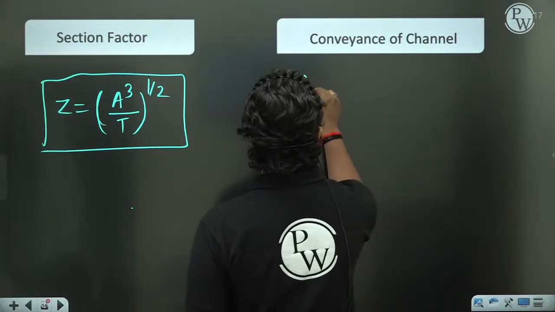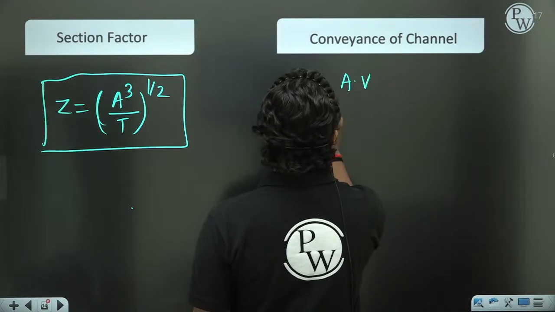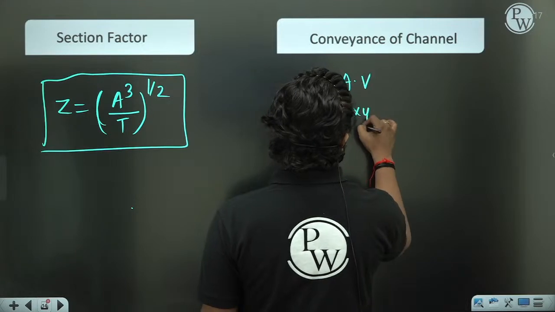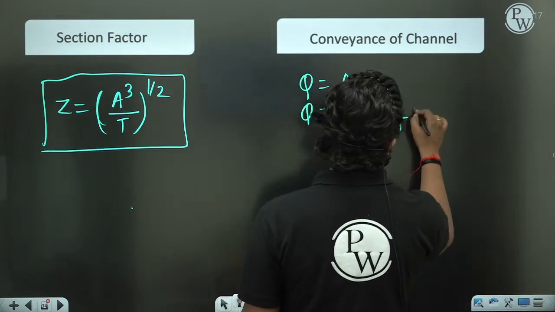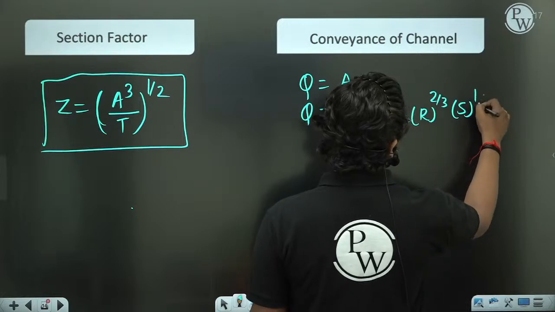Convenience of open channel is basically, for example, Q equal to area into velocity. So Q equal to area, we can write it like B into Y into 1 by N R to the power 2 by 3 S to the power 1 by 2.